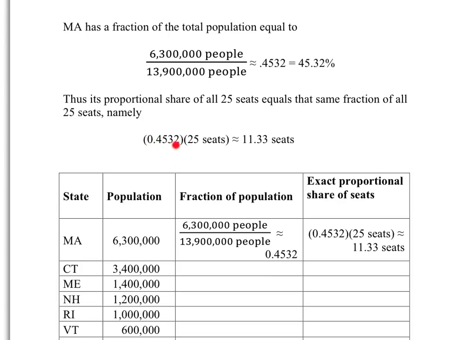It's 0.4532 times 25 seats. That's 11.33 seats. It's very important to understand this, right? If you have 45.32% of something, that's the same as 0.4532 times that thing. All right. Now notice the analogy here to something that we did in the last chapter.